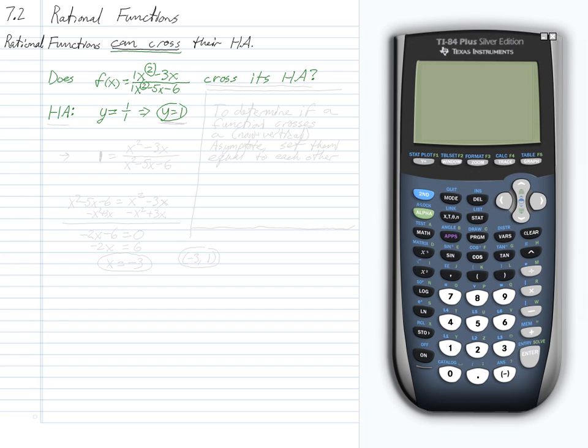Now, the way that I determine if this function crosses is to ask, is my function ever at a height of 1? In other words, is my function ever equal to its horizontal asymptote? So that is going to be how we handle these. To determine if a function crosses its asymptote, we set the two equal.